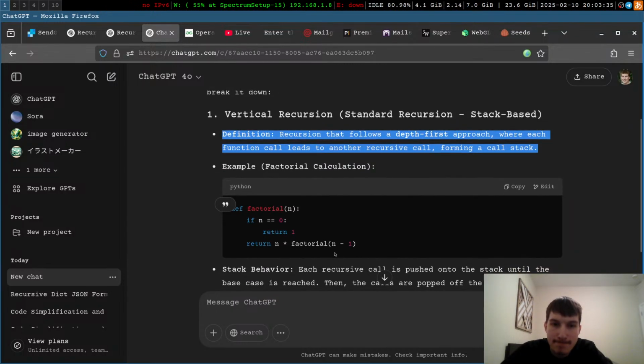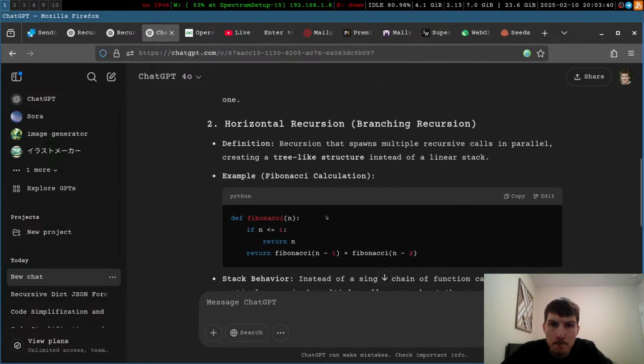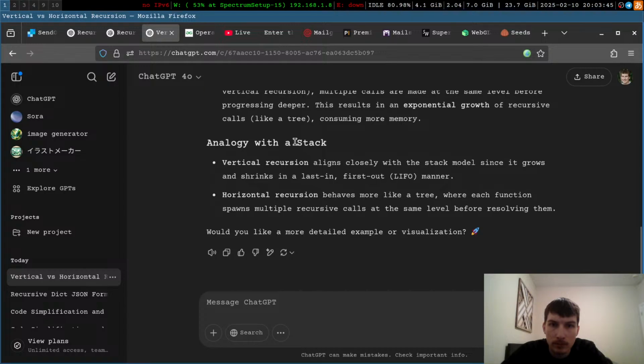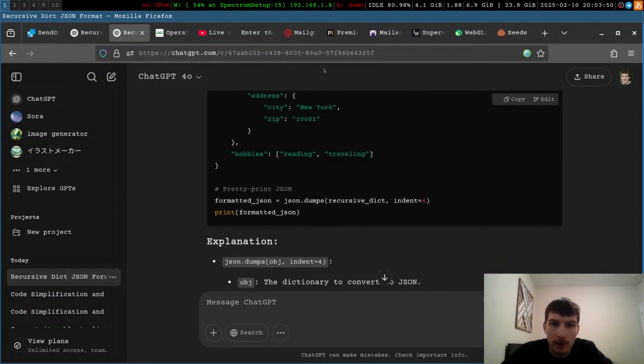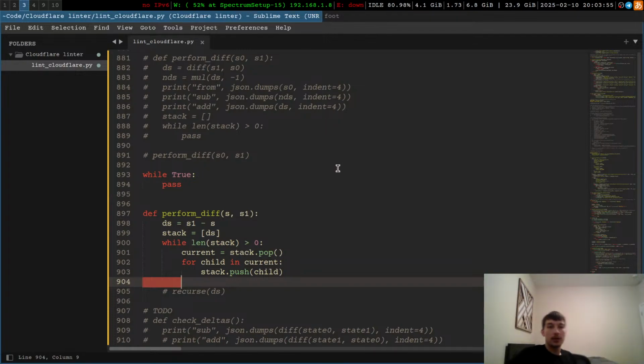I don't know if that's what I wanted to describe. But anyways, also, is push a thing or is it append? I think this is append.